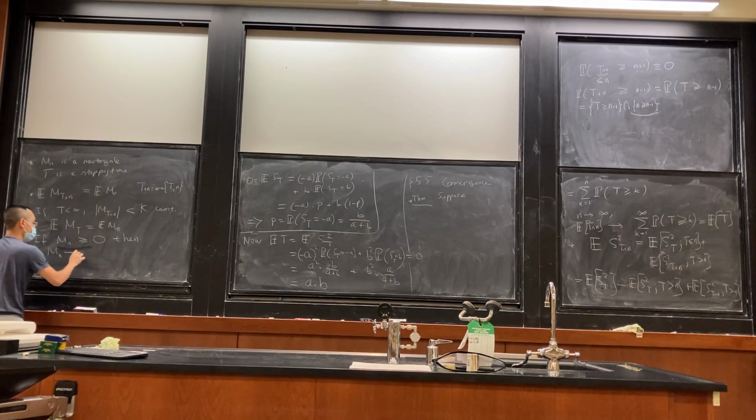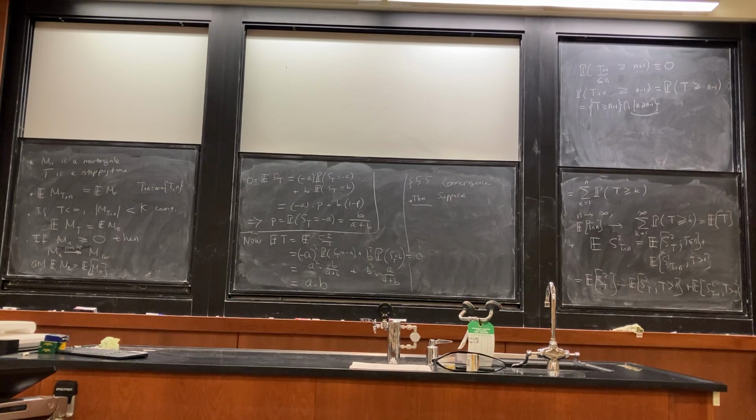Mn must have a limit as n goes to infinity, and the mean of this random variable at infinity is the same as the mean of it.